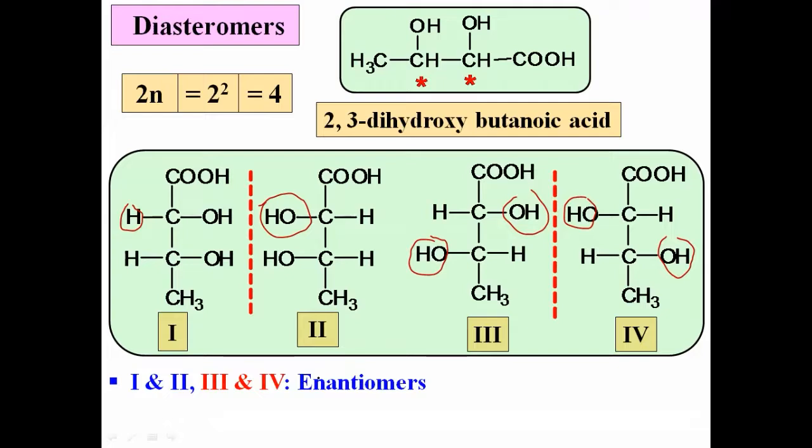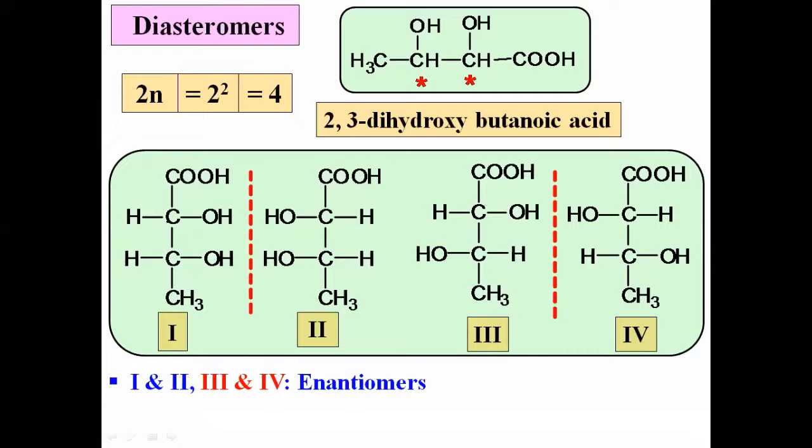Now let us see again the relation between first and third. Now I ask you a question: what is the relation between first and third? Are they mirror images of each other? No, they are not mirror images of each other.